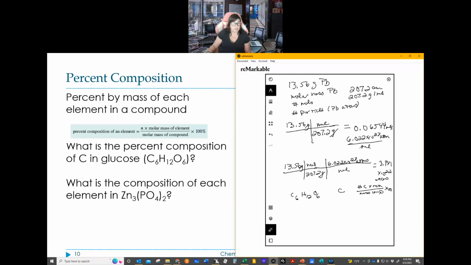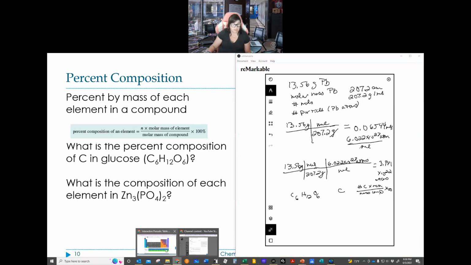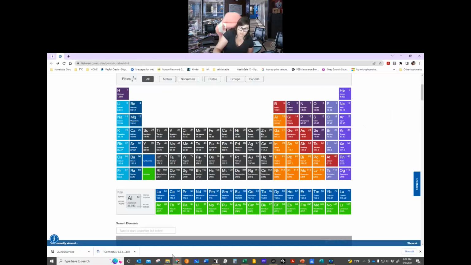All right. Well, if I want to do that, then I need to figure out what the molar mass of this compound is. So I have 6 times the mass of carbon. Carbon's over here. He's 12.01. So I'm going to do 6 times 12.01 plus 12 times 1.0008.